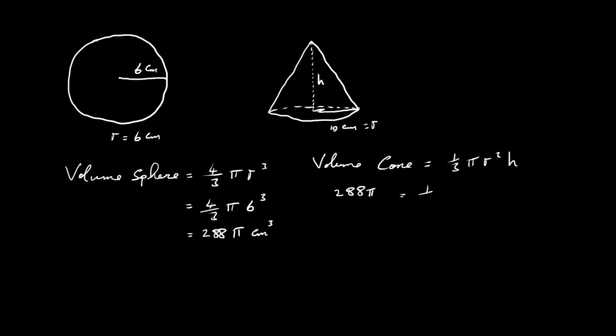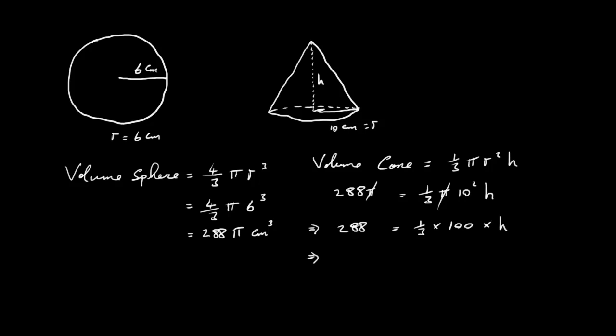So on the right hand side, we write down 1/3 times pi times the radius, which we know is 10. So we multiply by 10, square that, and then multiply by h. Again, as with the previous question, we've got a pi on this side multiplied by the 288, and a pi on this side multiplied by everything as well. So we can divide both sides by pi, which gives us 1 on each side. We simply end up with 288 is equal to 1/3 times 10 squared, which is 100, times h.